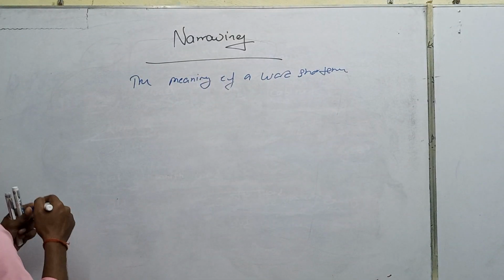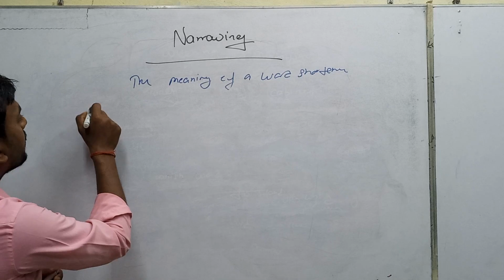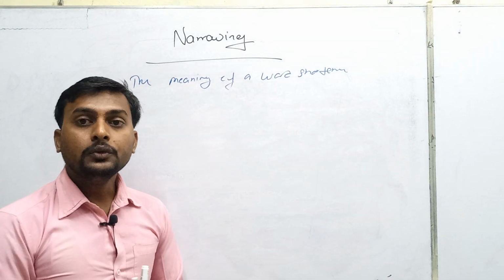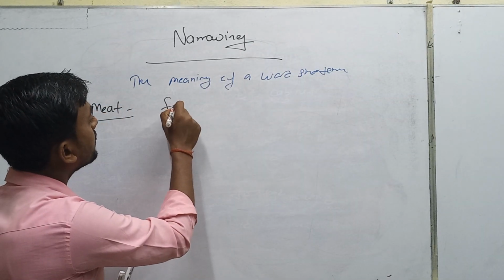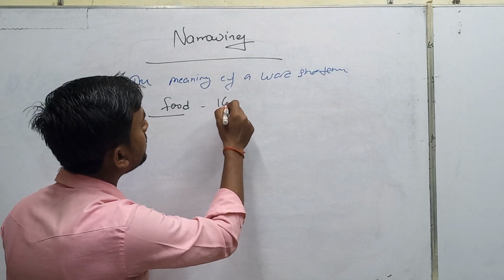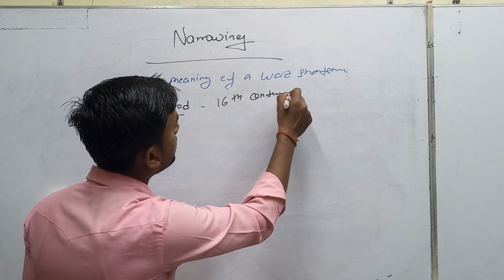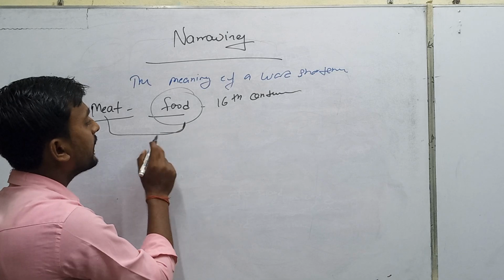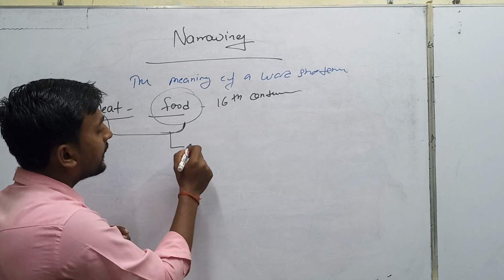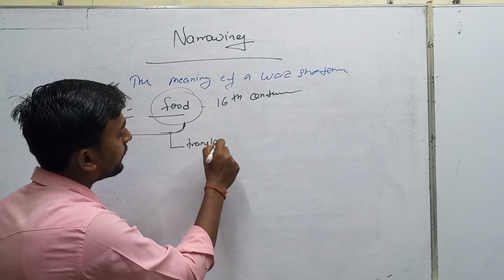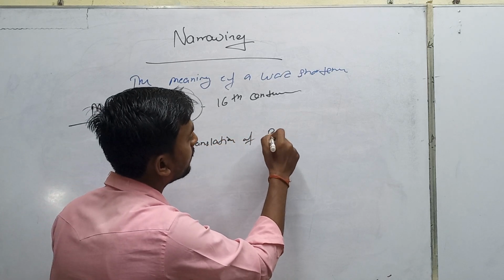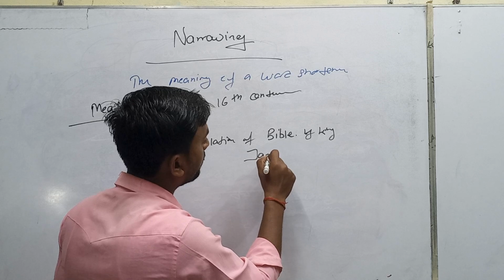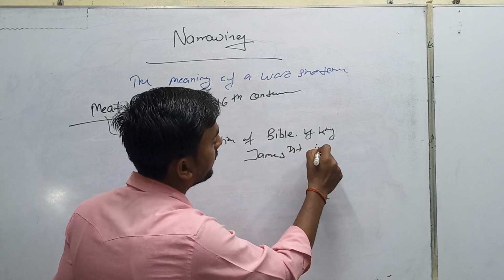The first example of narrowing is meat. Meat was used as food in the 16th century, and it was found in the translation of the Bible by King James I in 1611.